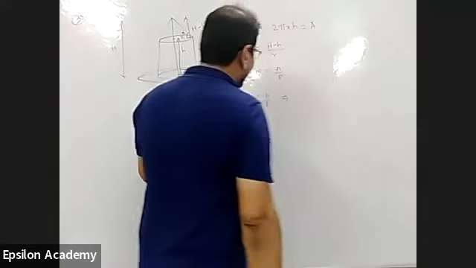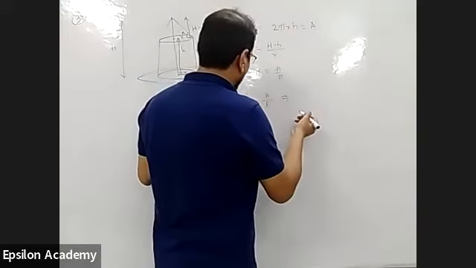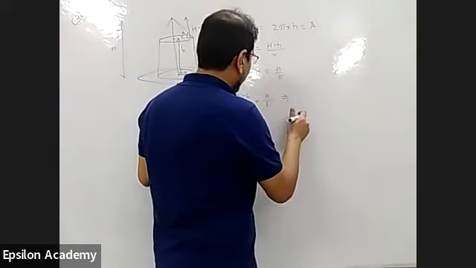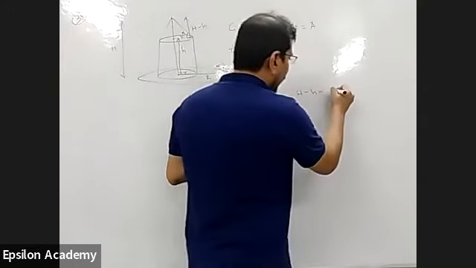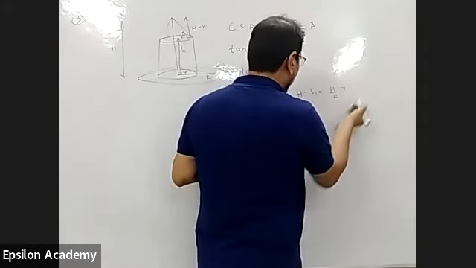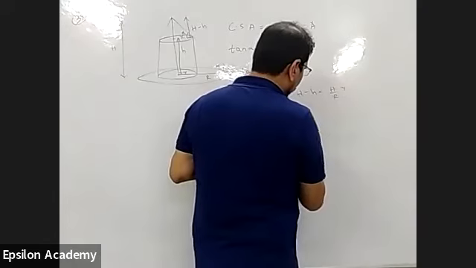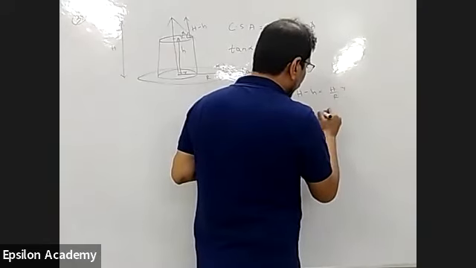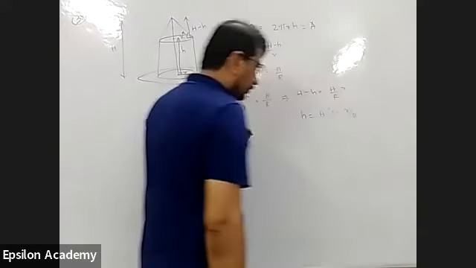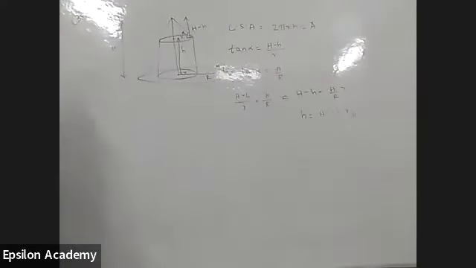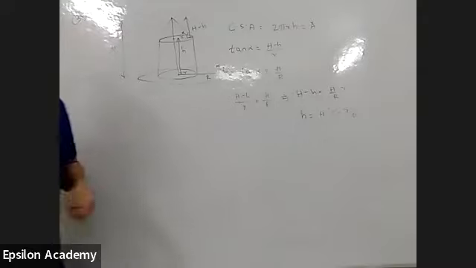So capital H minus small h is equal to capital H by capital R into small r. So small h will be how much? Capital H into 1 minus small r divided by capital R. Can I write it like this? Yes or no? Is there any doubt in this?